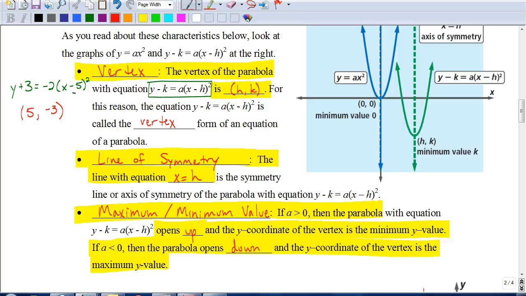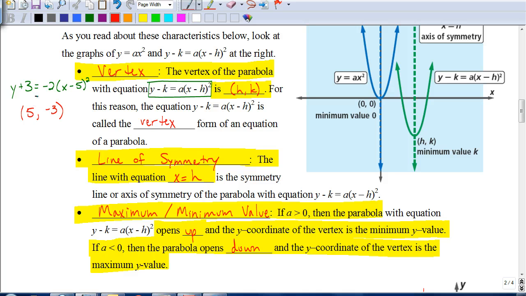So it tells me that my k is a negative 3. Or a quick, easy way to find the vertex is to look at what's happening to the x and take the opposite of it. So that would be a positive 5. To find the value for y in your vertex, look at what's happening to the y in your equation and take the opposite of that. So here we get a negative 3. So that's how we find the vertex.